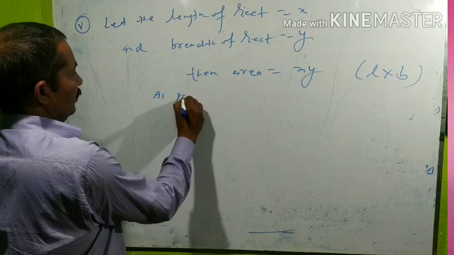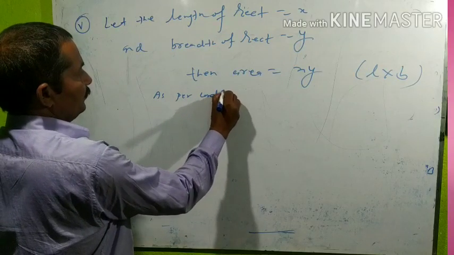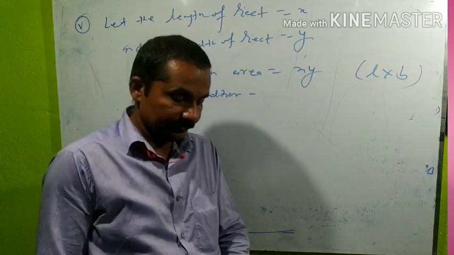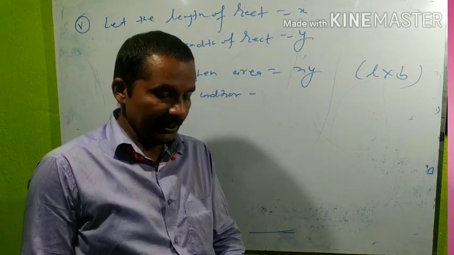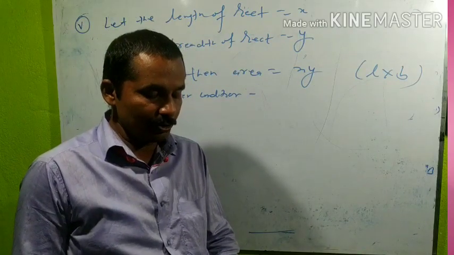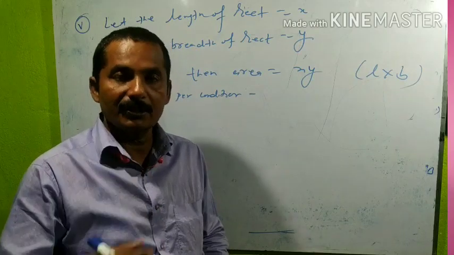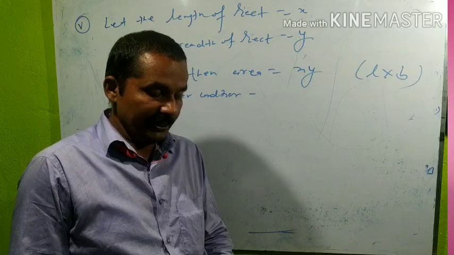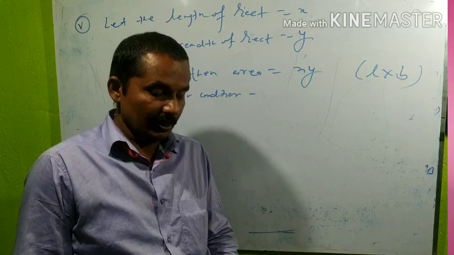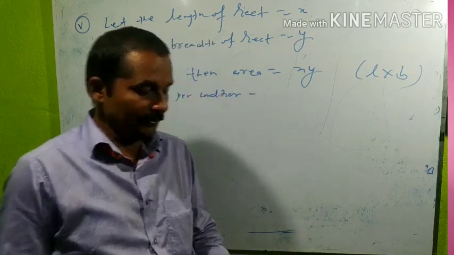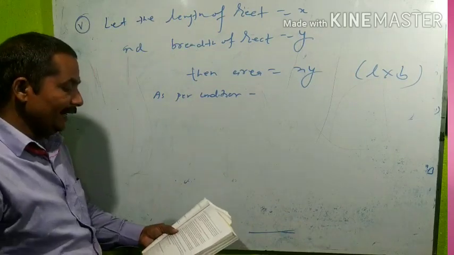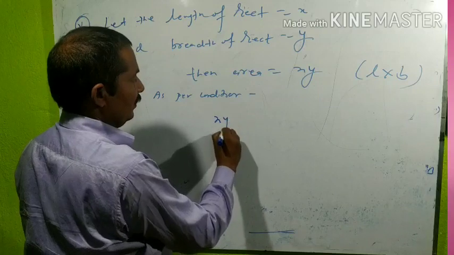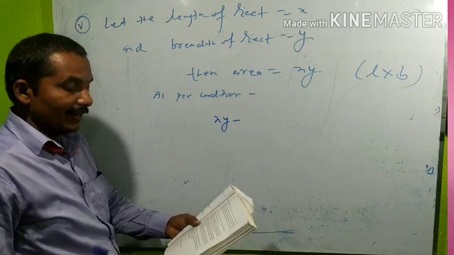As per the condition, look here. The area of the rectangle gets reduced, reduce means reduction, minus, less, if its length is reduced by 5 units. Look here. The area is reduced. What is the area here? xy. Reduced by 9 square units.